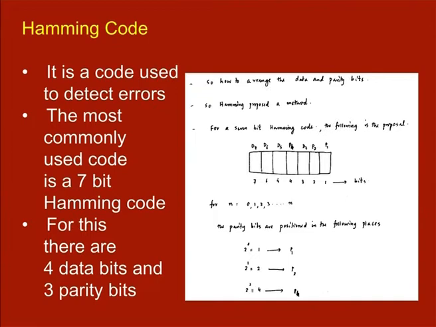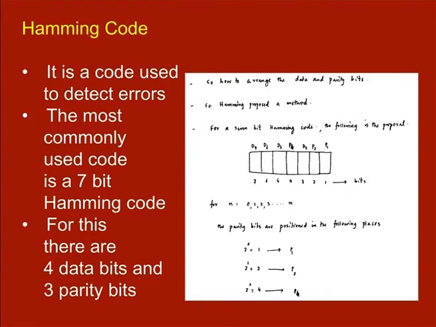Now, let us say for n equal to 0, 1, 2, 3, till n, the parity bits are positioned in the following places of the 7-bit number. So, 2 to the power of 0 is equal to 1, and that means the first place will be denoted for the parity bit, first parity bit P1.